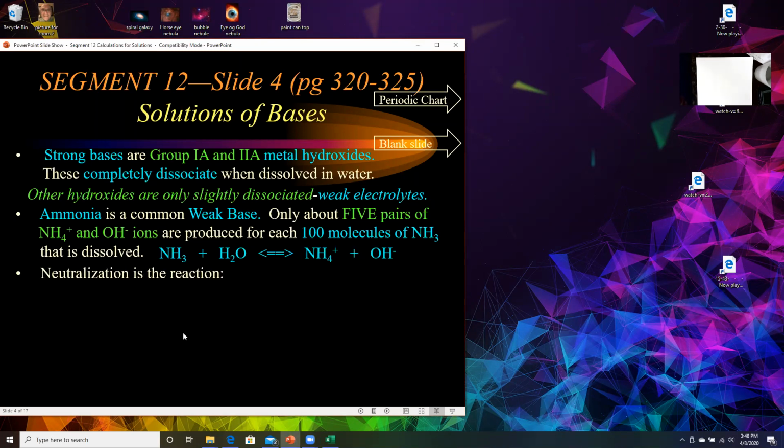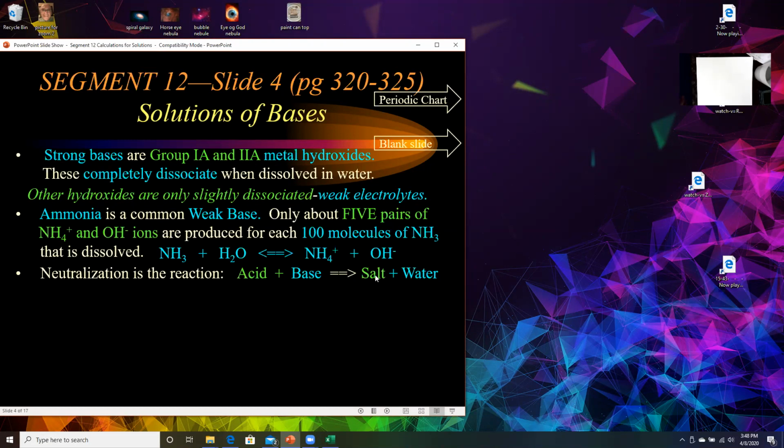Okay. Now, a neutralization reaction is just the reaction of an acid and a base. When you react an acid and a base, you make a salt and water. This is a general reaction. Any acid with any base will completely react to form a salt.